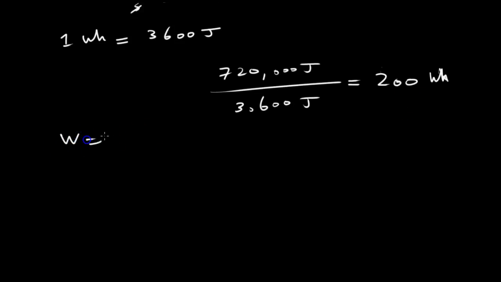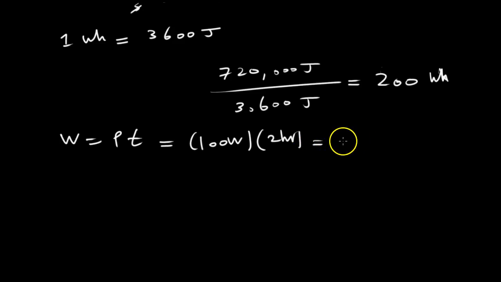I can just use this equation and say the power, which is 100 watts, times the hours, which is 2 hours, and that is 200 watt hours, which we have here.